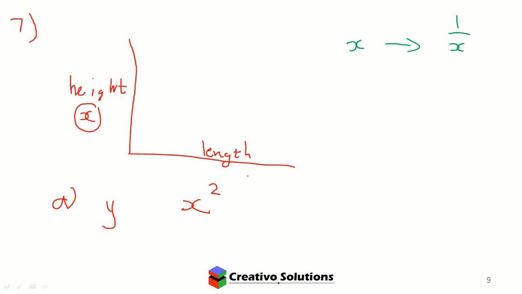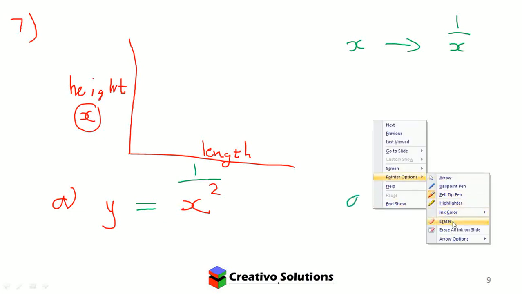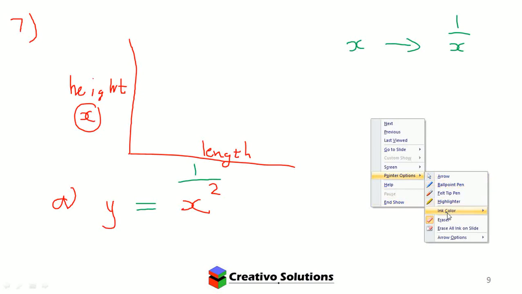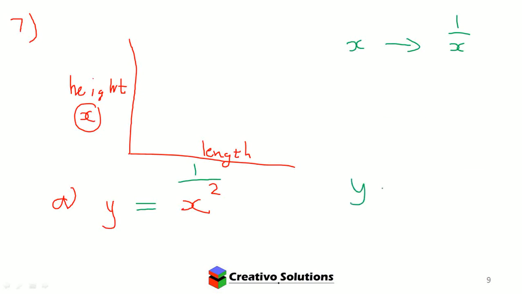So here y is inversely proportional to x squared, therefore y would equal 1 over x squared. That would be the general equation, and that's what they've asked for. So the general equation would be y equals 1 over x squared.